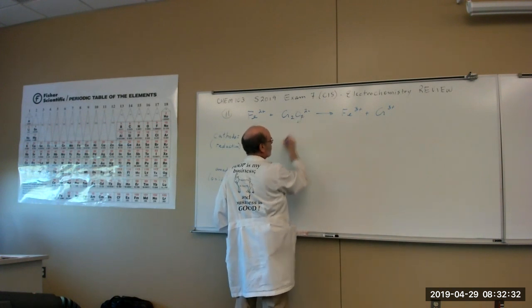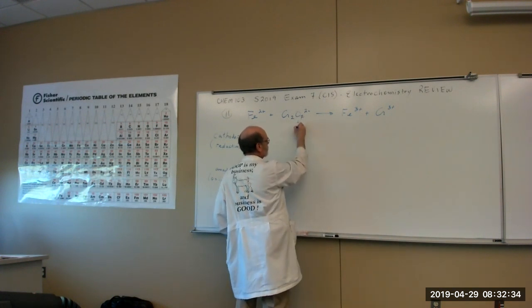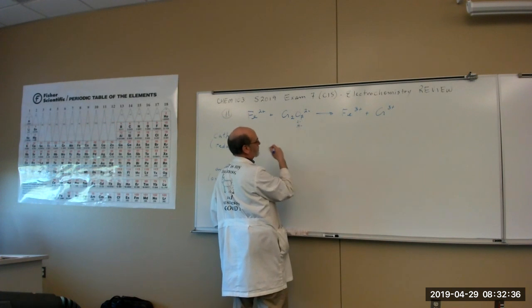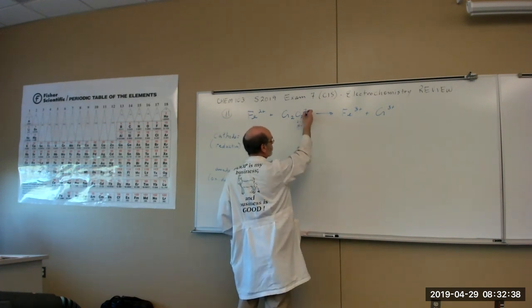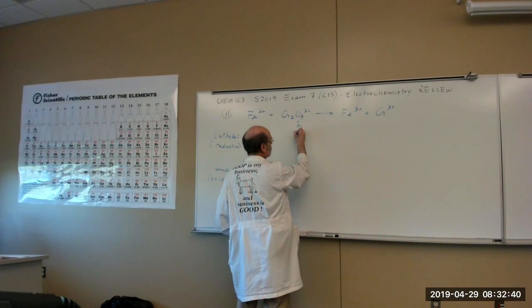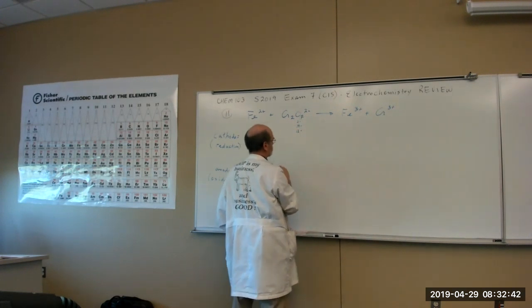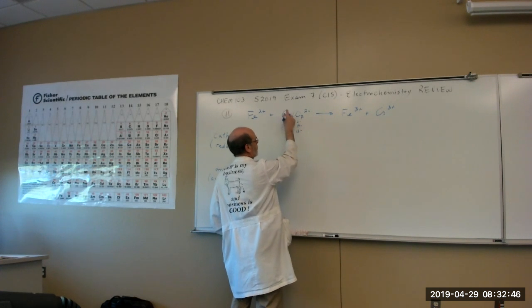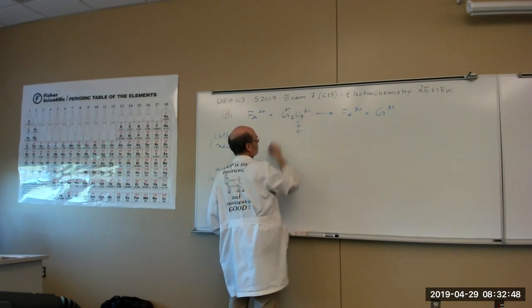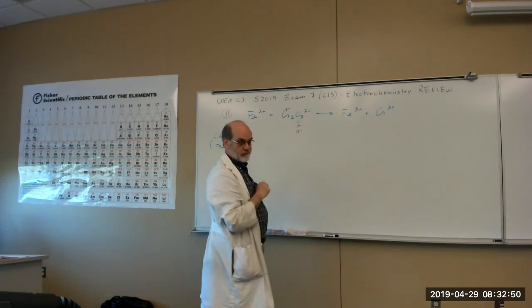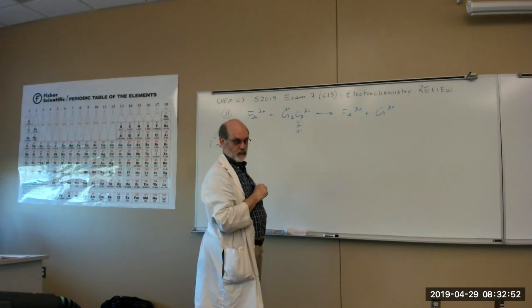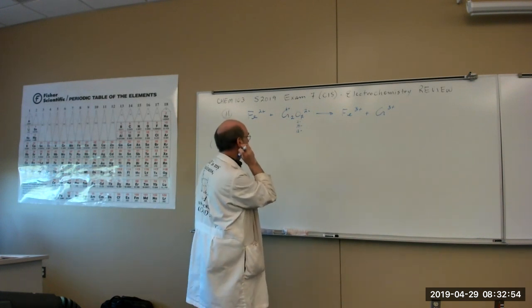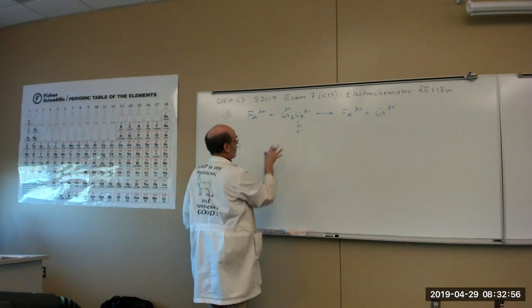Oxygen is 2 minus, so that's 14 minus total, right? We have to hold out 2 minuses for this charge. So we only have to balance 12 minus. 12 plus for 2 chromiums means each chromium is 6 plus. Okay? So now we've got all of our oxidation states.